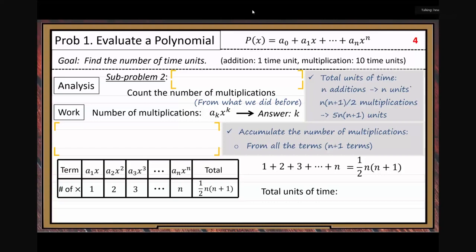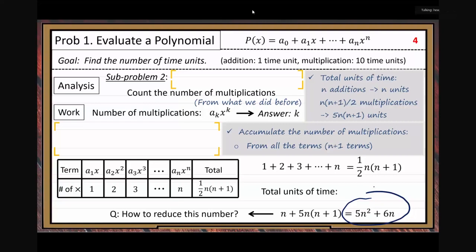That's the total computation cost to find the answer of this polynomial. Can you see that? So we get an estimation of the cost.